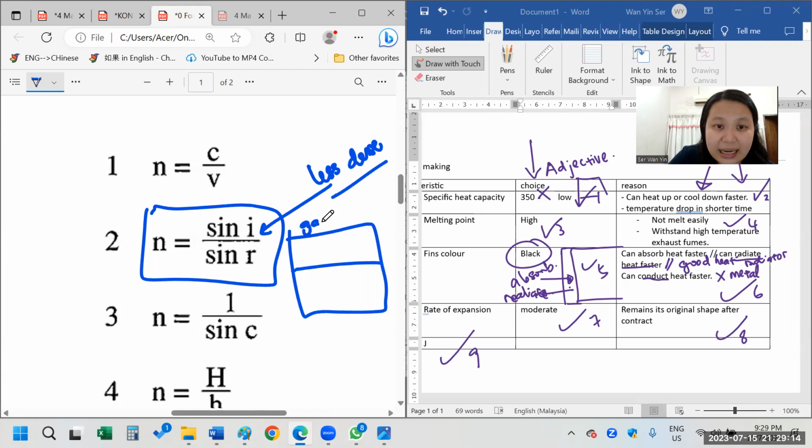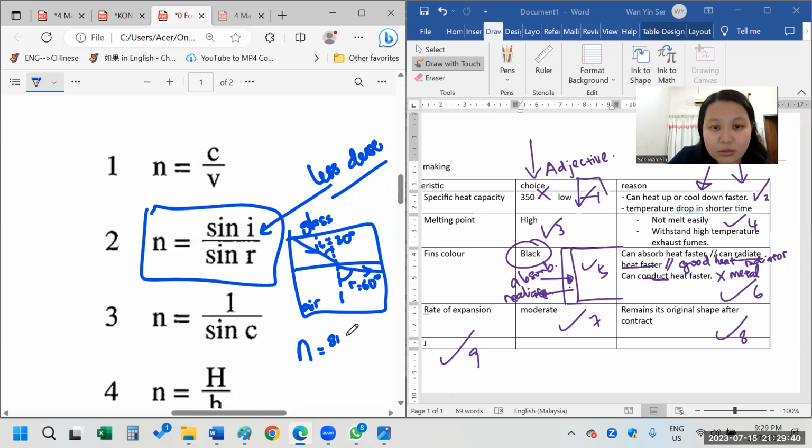This is glass, this is air. So the light like this, then refract away from normal. So here is I, here is R. Let's say this I is 30 degrees, this R is 60 degrees. So what is the N?